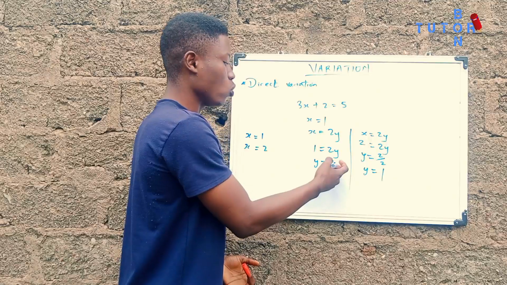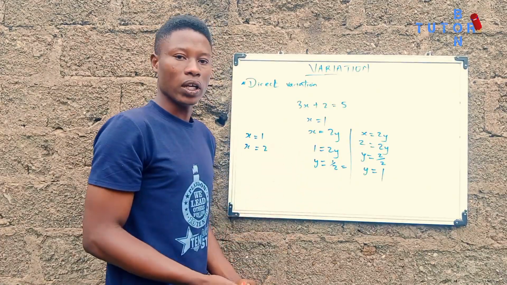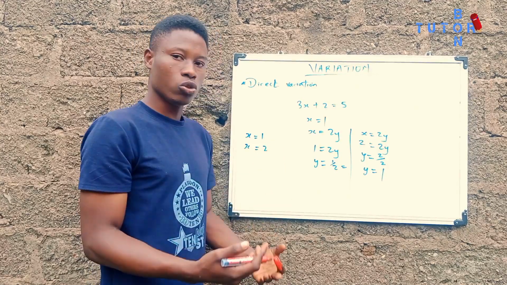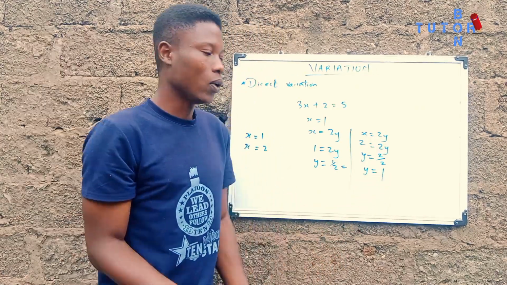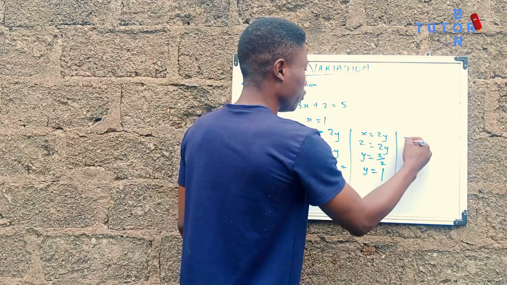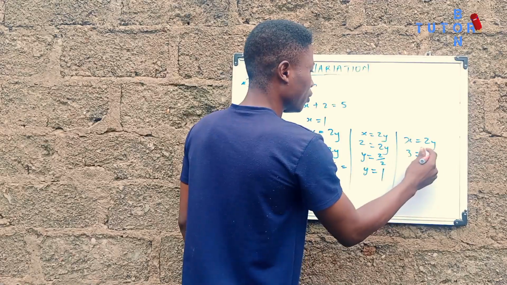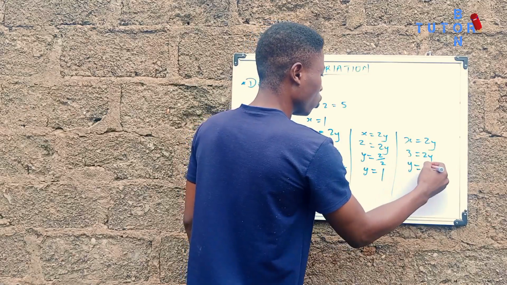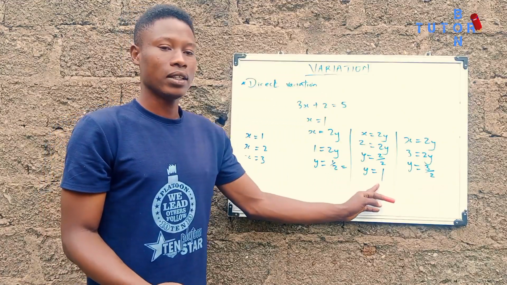Here, you have 1 over 2, which is half, when x equals 1. And when x increases to 2, you have the value of y to be what? 1. Let's see when x equals 3. When x equals 3, the value of y will be what? You have y equals 3 over 2, which is also greater than 1.